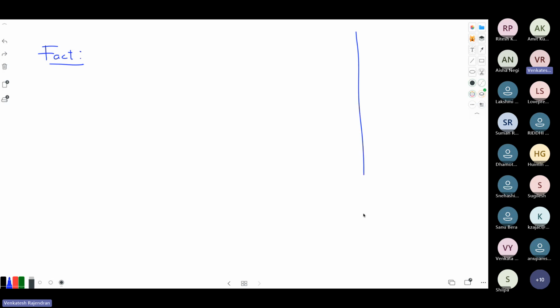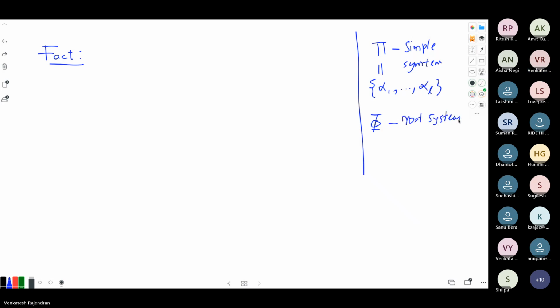To be consistent, I will write down what I mean by the notation. This is my simple system Pi, which I denote by alpha 1, etc., alpha l, and I denote Phi to be the root system, and Phi plus or minus to be the positive and negative root systems. These are all the notations that we'll be using.